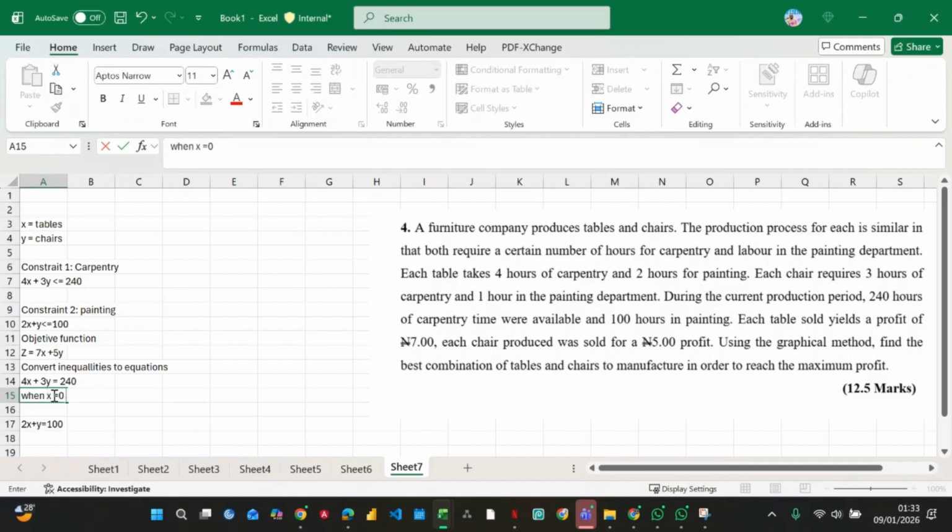For equation one, when x is equal to zero, what is going to be our y?